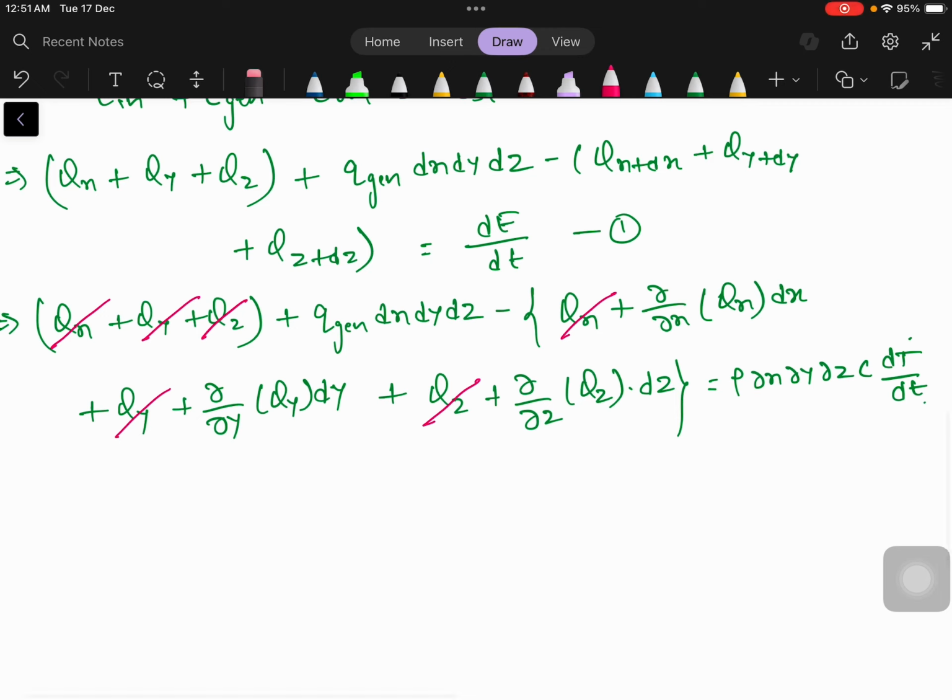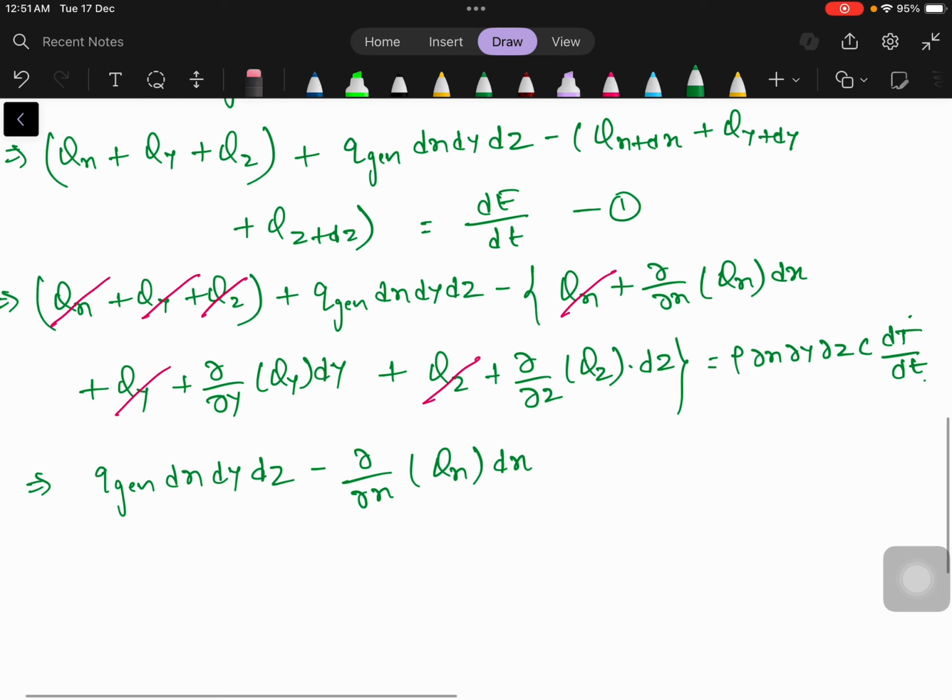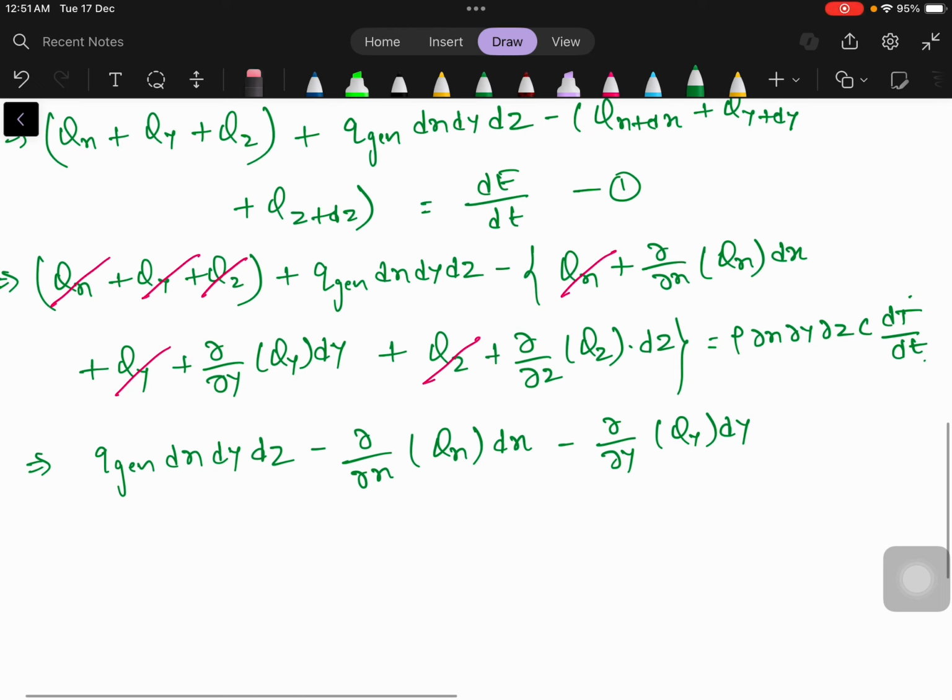So ultimately this will become q generated dx dy dz minus del by del x Qx dx, minus del by del y Qy dy, minus del by del z Qz dz.